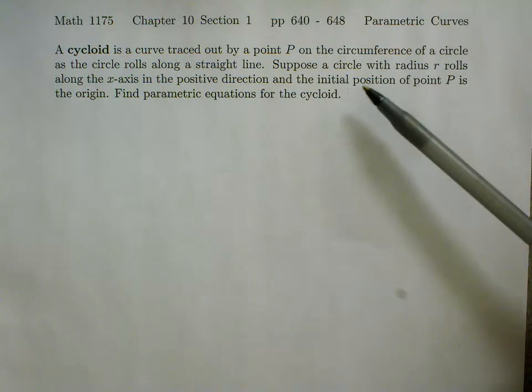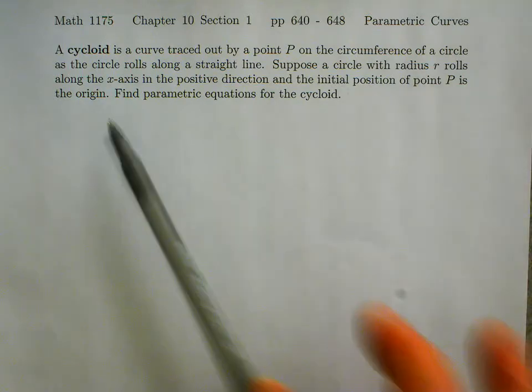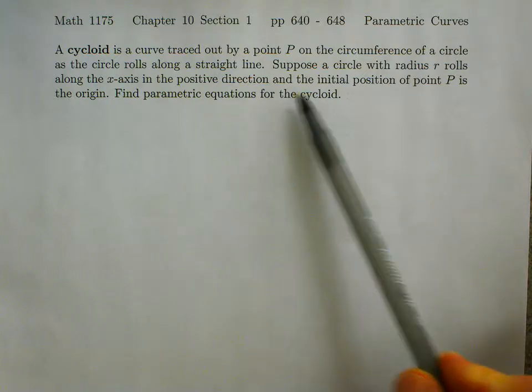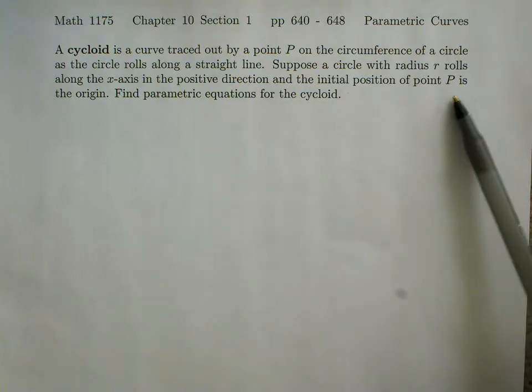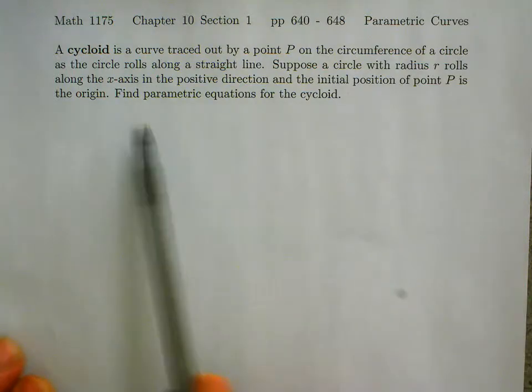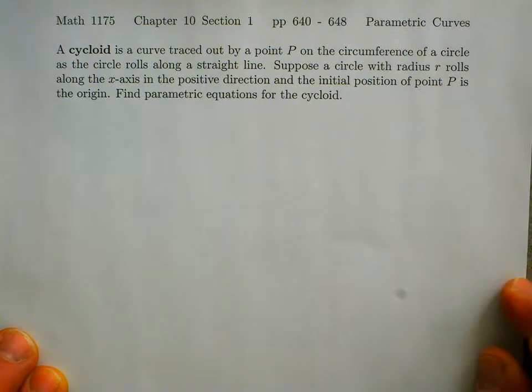Suppose a circle with radius r rolls along the x-axis in the positive direction, with the initial position of point P at the origin. Find the parametric equations for the cycloid.